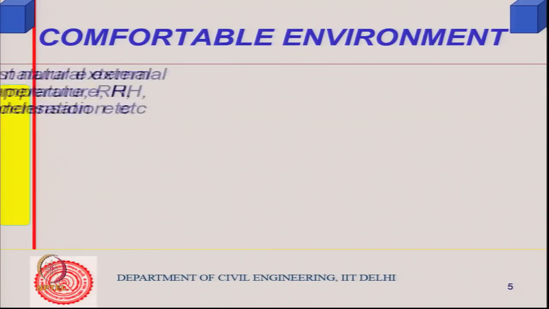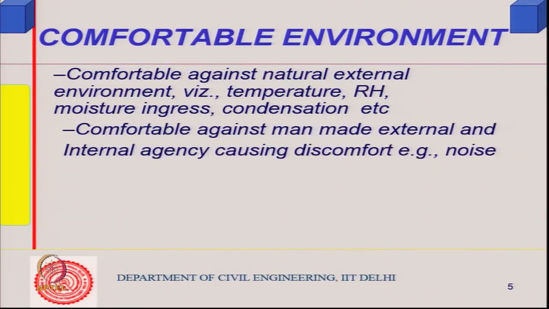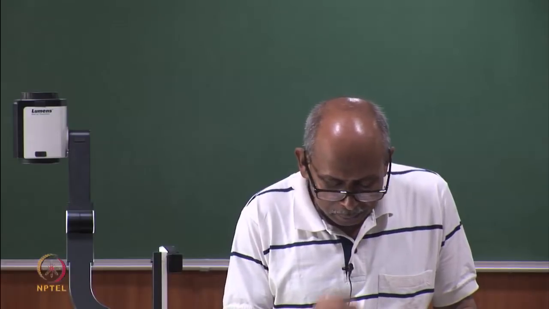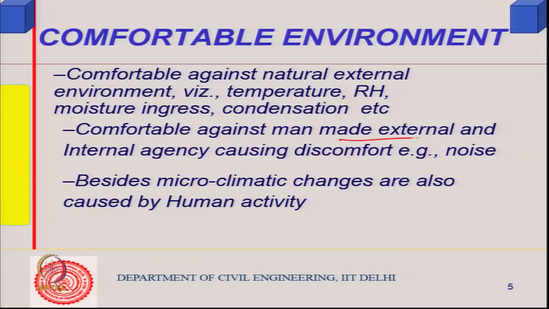Let us see. So, comfortable environment, it must be comfortable against external temperature, relative humidity, moisture ingress, condensation, etc., and must be comfortable against man-made external and internal agency causing discomfort.